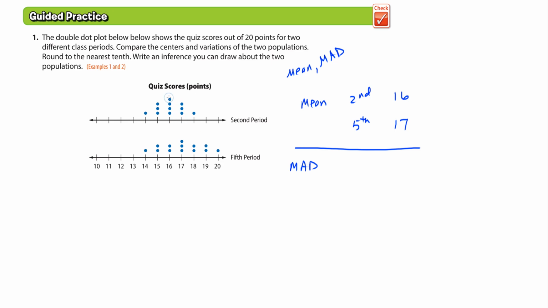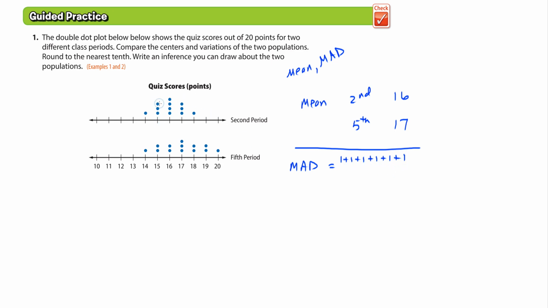Mean absolute deviation. This is the mean. These three dots and these three dots are 1 away. So to do my mean absolute deviation, I'm going to have 1, 2, 3, 4, 5, 6 ones. 1 plus 1 plus 1 plus 1 plus 1 plus 1.